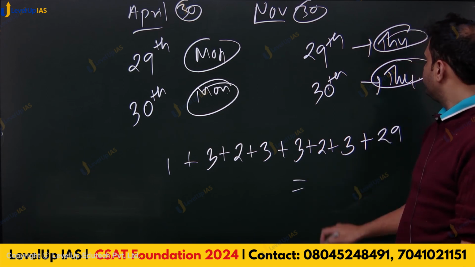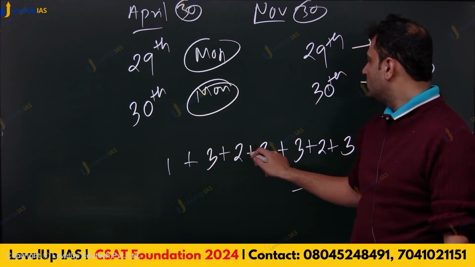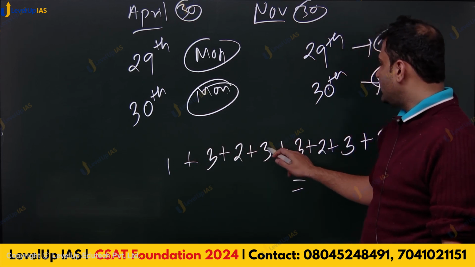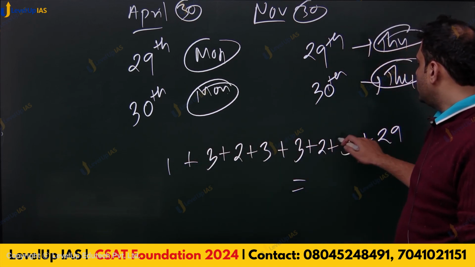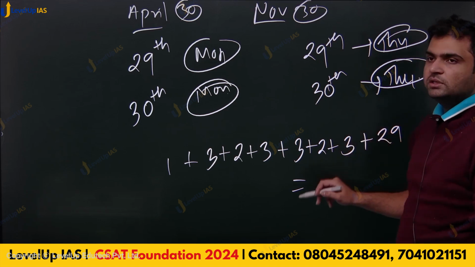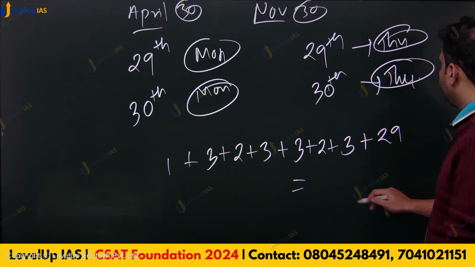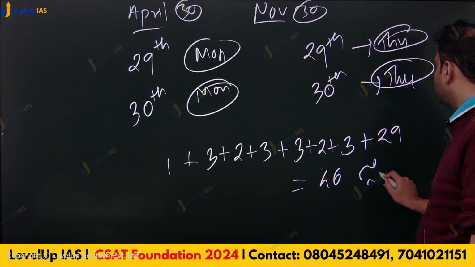So this is 3, 4, 6, 9, 12, 14, 17 plus 29. So we have 46, which is equivalent to 4 extra days.